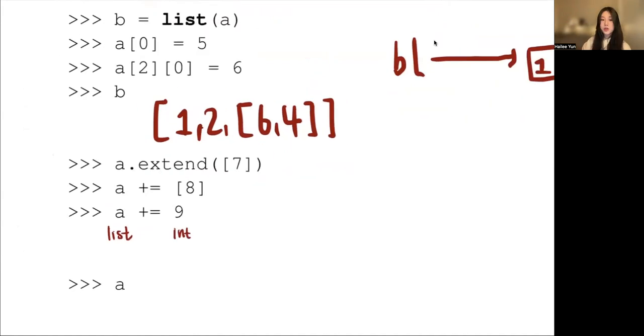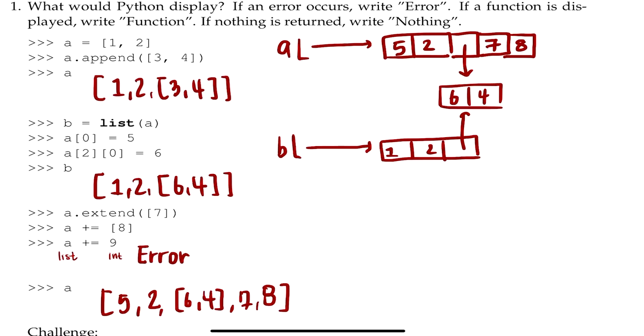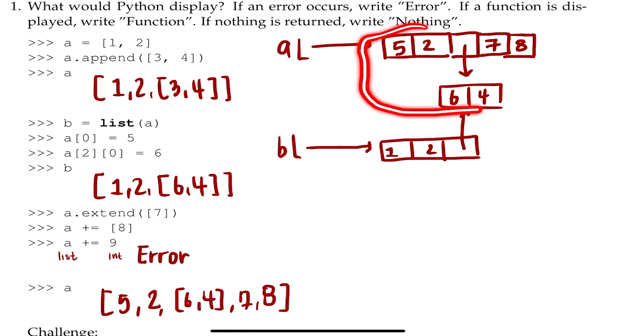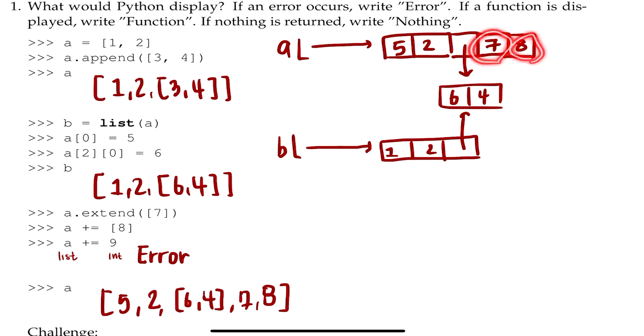When you try to concatenate two different types, such as a list and an integer, Python is not going to allow you to do that, so it's going to output an error. Sorry, the video got cut off, but when we see what A is outputting, this is what we will get, because this entire thing is A. We start off with the element 5, 2, then the third element is the nested list 6, 4. Then we have 7 and 8. So that is the output of A.